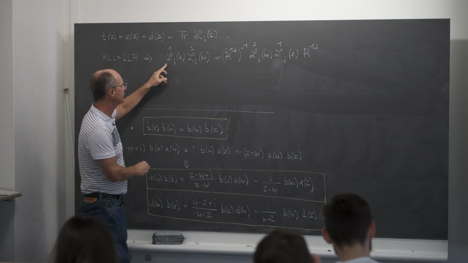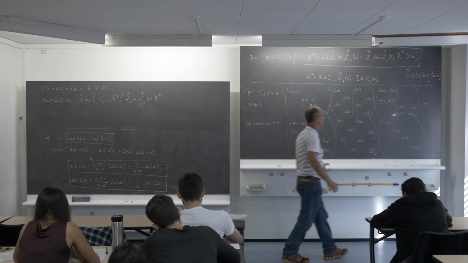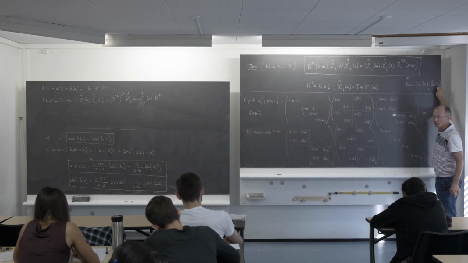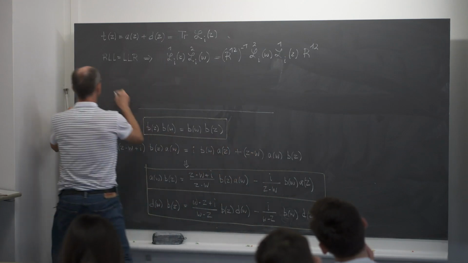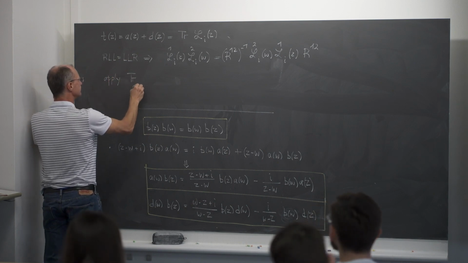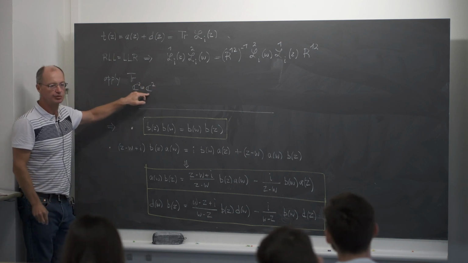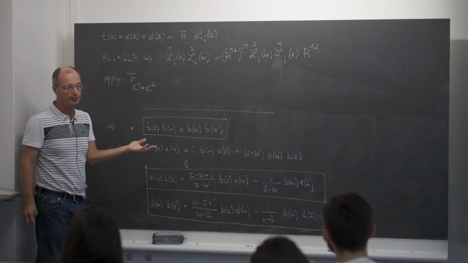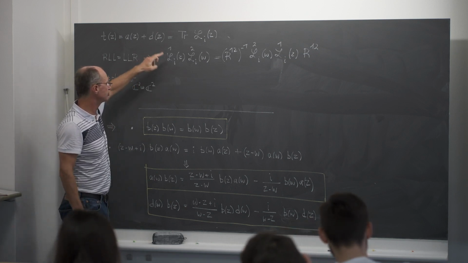Now let's take a trace on the first and second space. So remember, we have here this huge product, C2 tensor C2 tensor H, so that's where this operator acts. Now let's apply to it trace in C2 tensor C2. So the resulting identity will be an identity for operators in H. Now what happens when you take a trace of that guy?